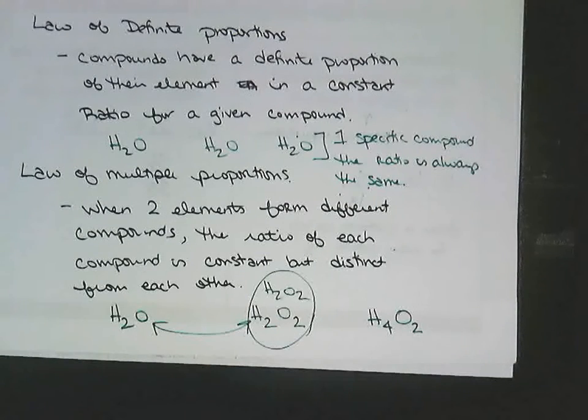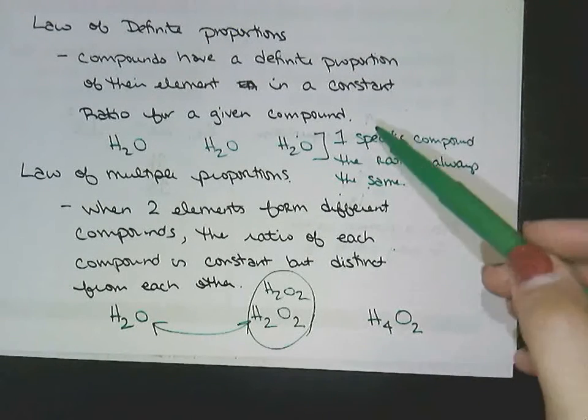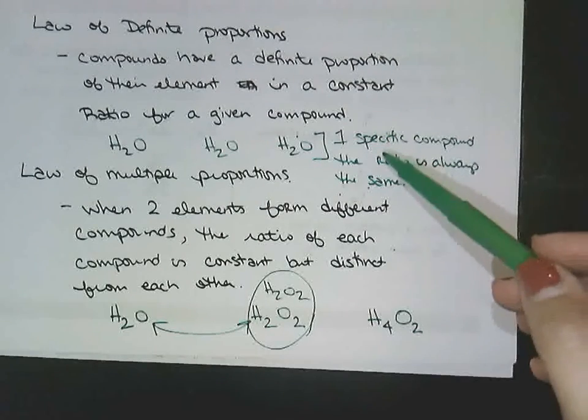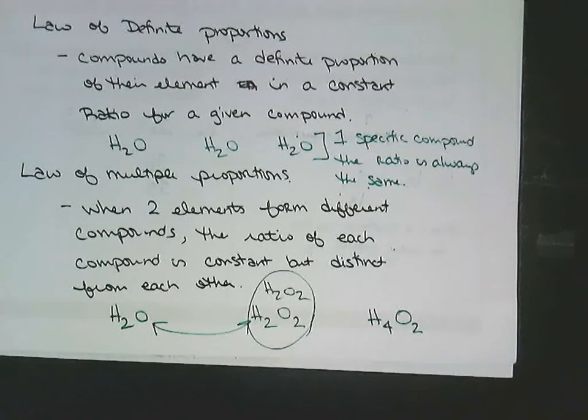So hydrogen peroxide will always have 2 hydrogens, 2 oxygens. But hydrogen peroxide and water will not have the same ratio. They're still made with the same starter elements. So the law of definite proportions is true for everybody. Multiple proportions is a relationship between 2 different groups of compounds.